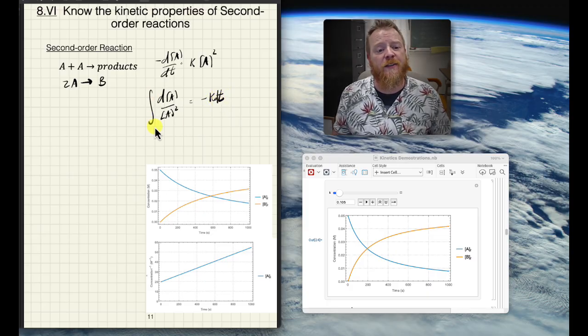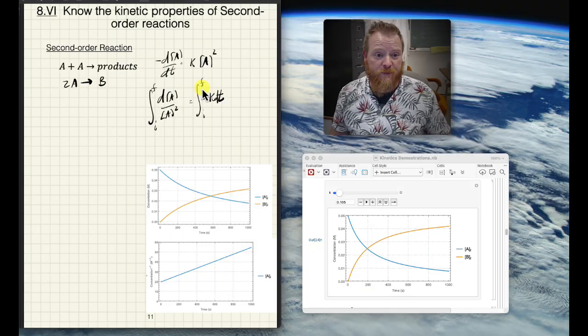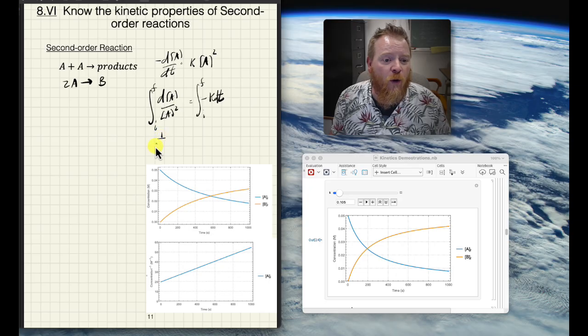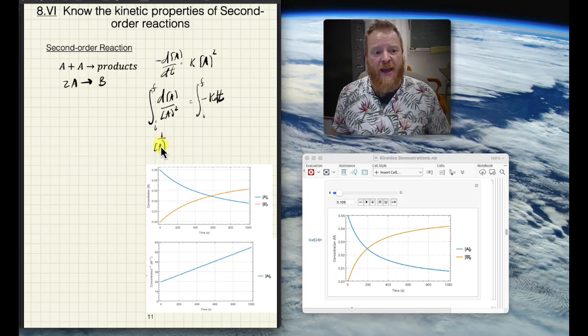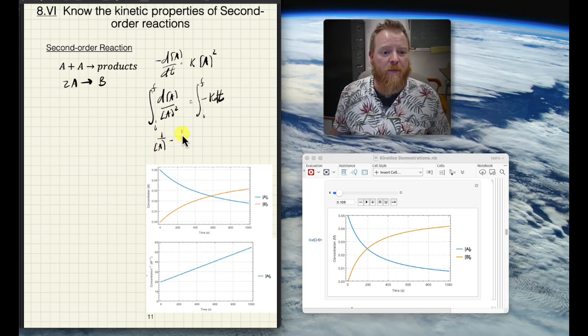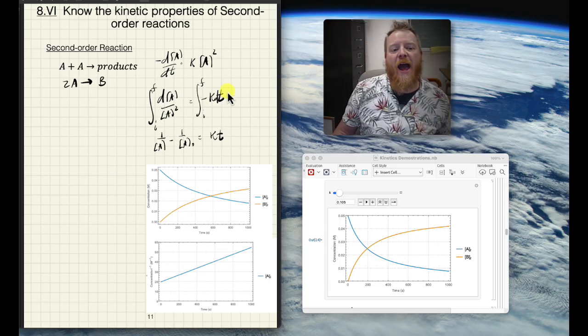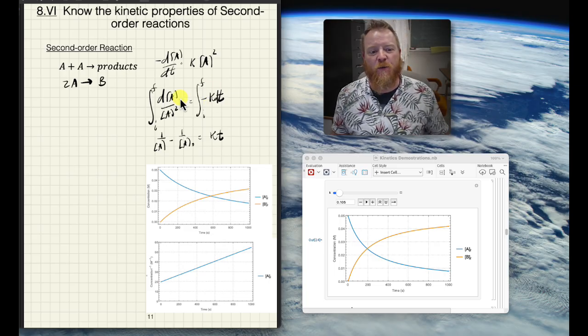We'll integrate this from some initial to some final, and we'll integrate this from some initial to some final. The result of this integral goes 1 over the concentration of A at any time minus 1 over A initial equals kt. We had the negative sign over there, and just doing some algebraic rearrangement, we end up with the following.